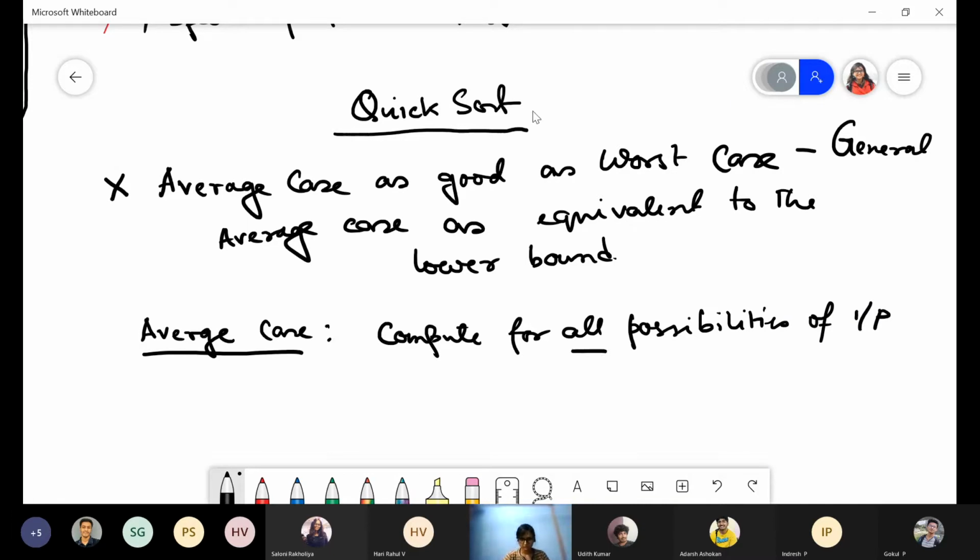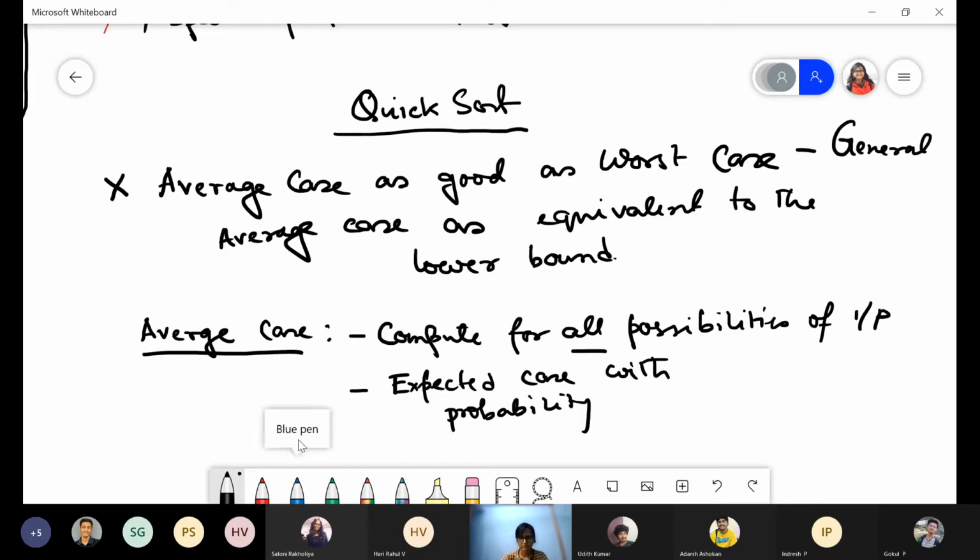Obviously, if you take the probability distribution of each input variation as the same, then this average case is the expected case with uniform probability, or probability 1 by n for each of the cases. 1 by n for every case.